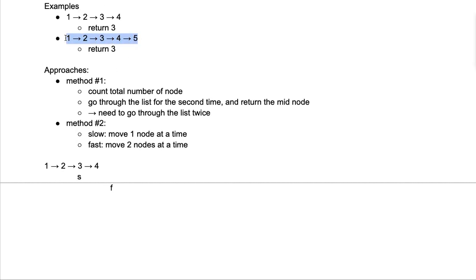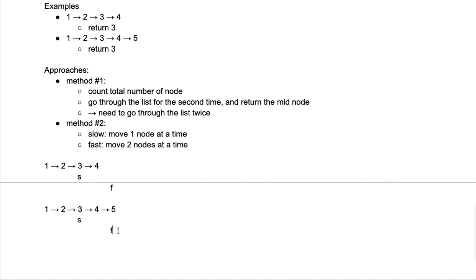So it's exactly what we want. Let's take a look at this example. Slow, fast. First step, S goes to here, and fast goes to here. Then in the second step, fast goes to 5, and S goes to 3.